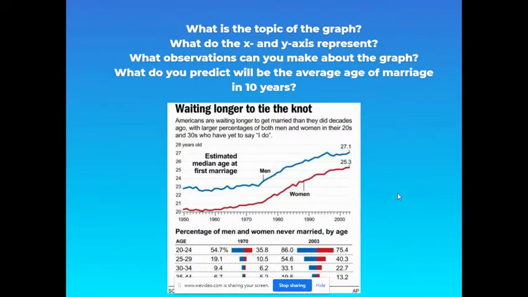So after you've taken a look at this, what is the topic of this graph? What do the X and Y axis represent? What observations can you make about the graph?